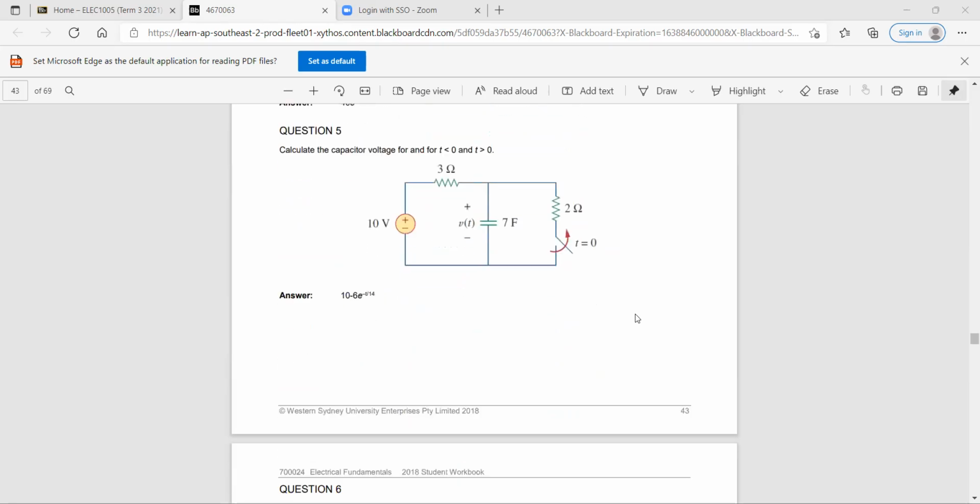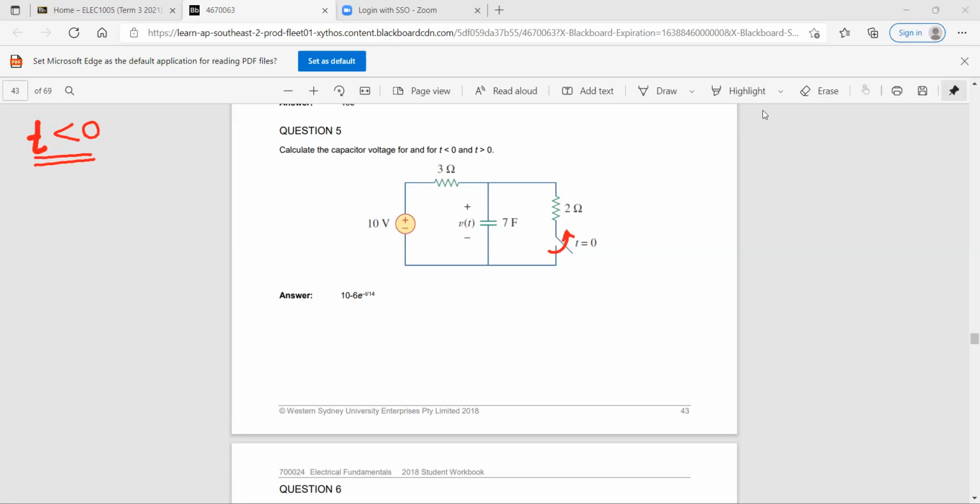Okay, now when you look at question number 5, it is a bit different. Why do we say it is different, guys? Can you tell me, when the time is less than 0, what is happening? So when the time is less than 0, your arrow is in this way. That means when the time is less than 0, the switch was closed.